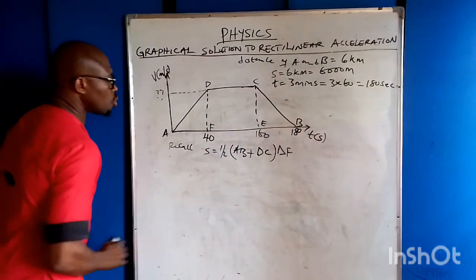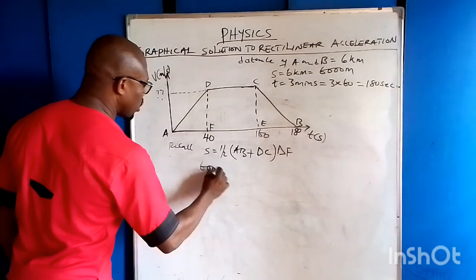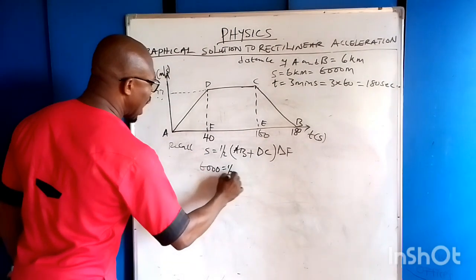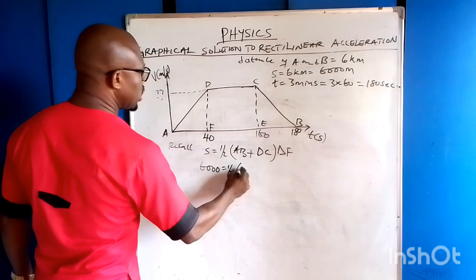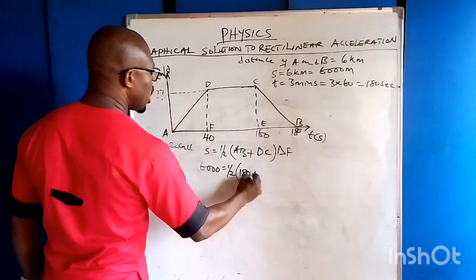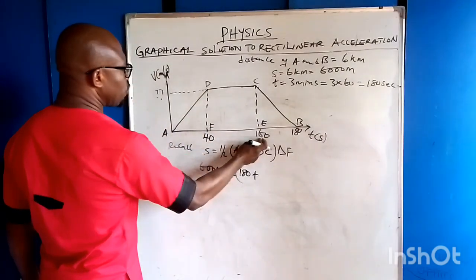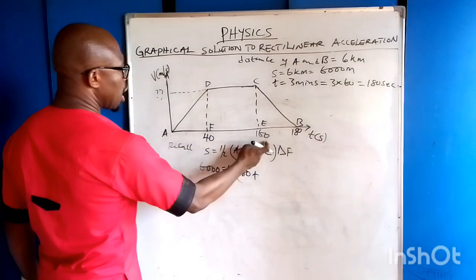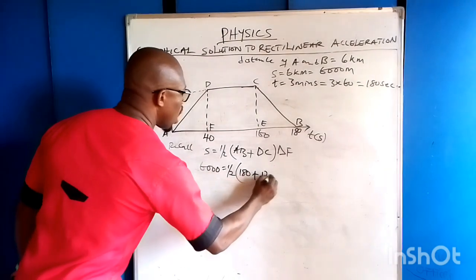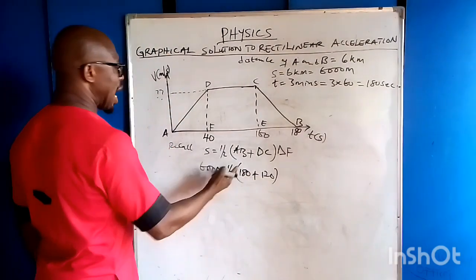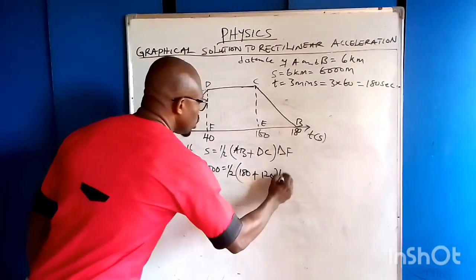So let us substitute. Total distance covered is 6,000. So we have 6,000 is equal to half into the longer side, which is 180, plus the shorter side. The shorter side is the distance from here to here, and of course this is 160 minus 40, which gives us 120. Multiplied by the height. The height is DF, which is this V we're looking for.